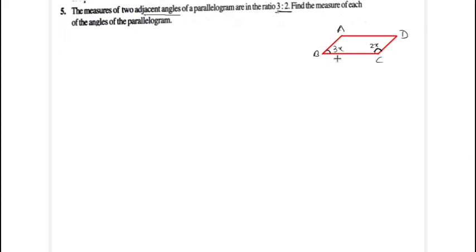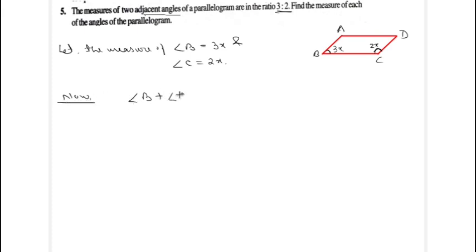First of all we will write, let the measure of angle B equal 3x and angle C equal 2x. Now angle B plus angle C equals 180 degrees, because they are adjacent angles.